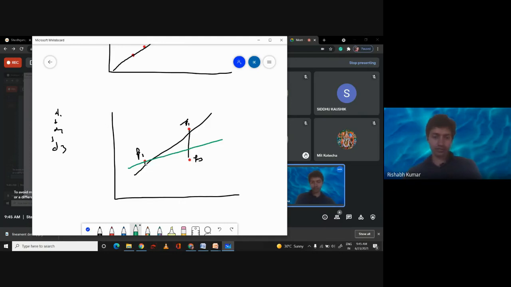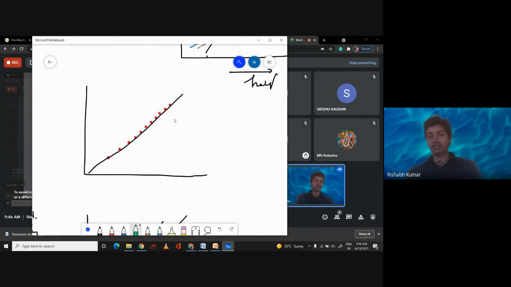In this case, the distance is D2 plus D3. So what would be the line of best fit in your opinion? The line of best fit would be the line in which, if we take the distance between these points and the line, the sum of those distances will be minimum. That is what we can do, right?